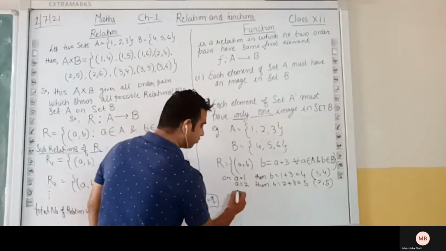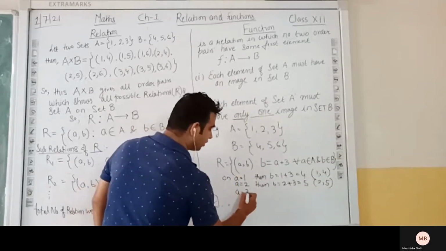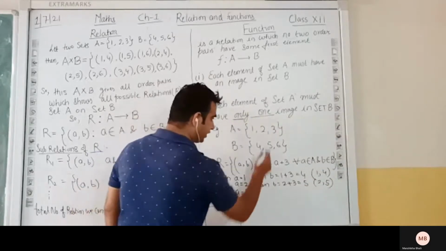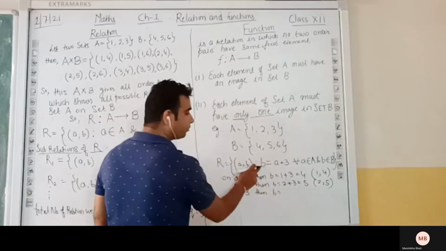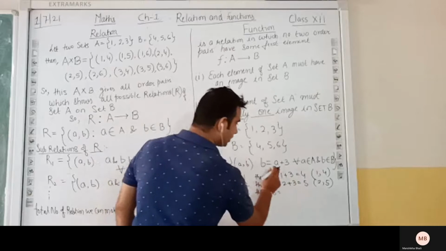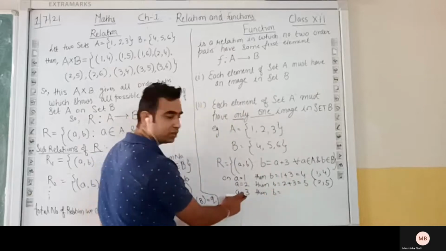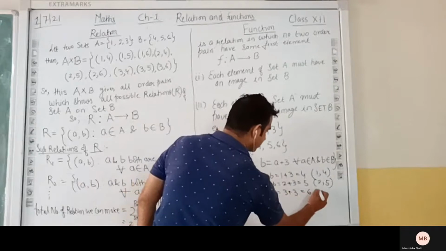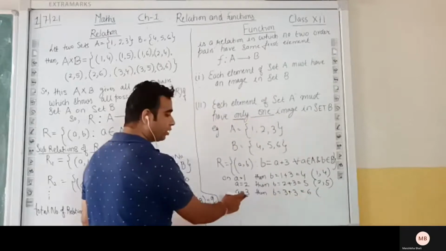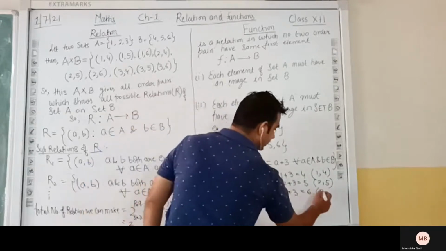Okay. If a is equal to 3, the element of set A that is 3, then what will be the value of b? b is equal to a plus 3, and the value of a we have taken here is 3. Plus 3 is equal to 6. So this order pair will be a comma b, that means 3 comma 6.